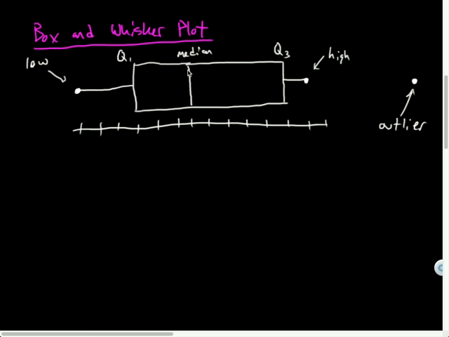So the median, what's the median again for a set of data? The middle number, right? It turns out the median, also known as quartile 2, that's what the Q's are for, quartile, is the middle number of the data.